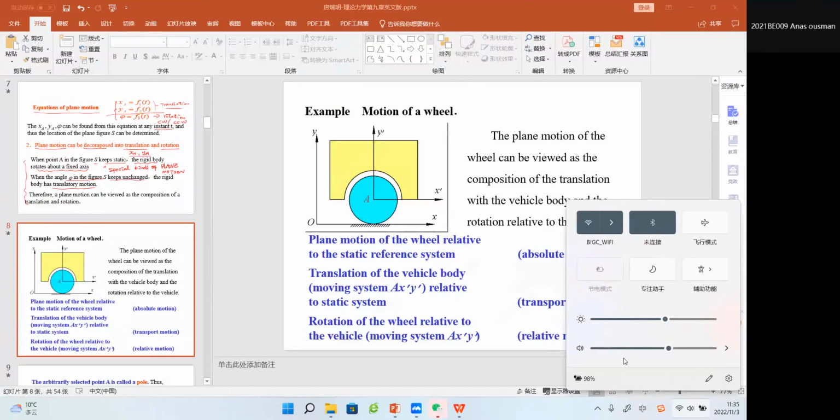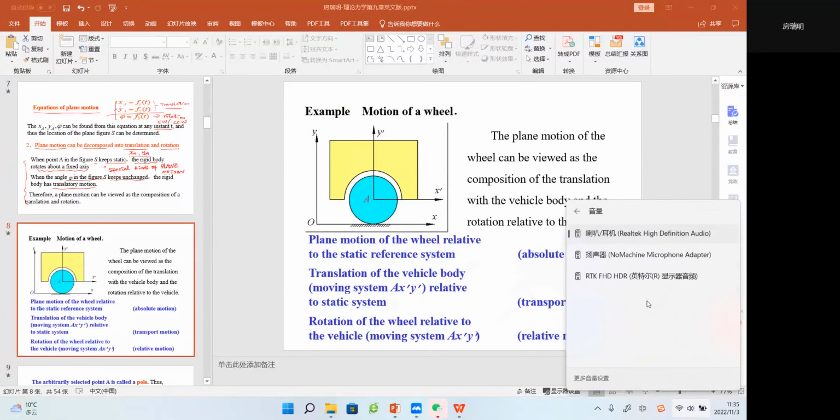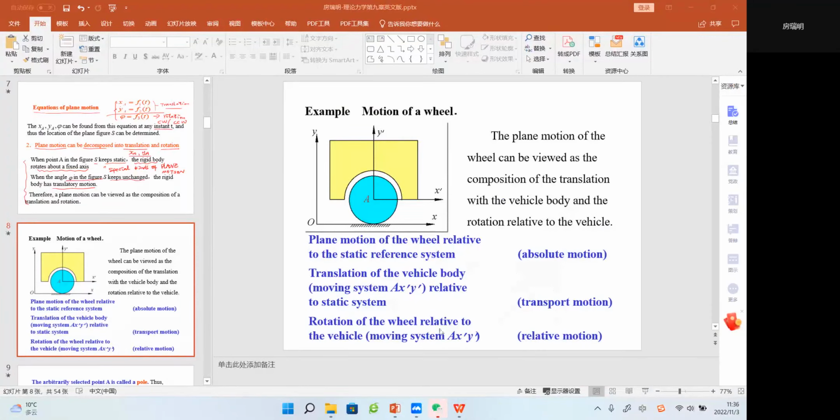Okay, it's my problem. Maybe you replied to me all the time. I should change this configuration. I have two devices, and this device's volume is very low, so I cannot hear your voice. Okay, I'm very glad that you always reply to me.